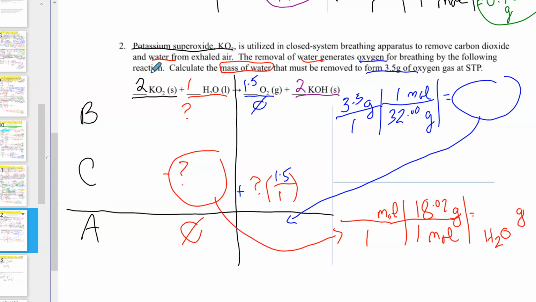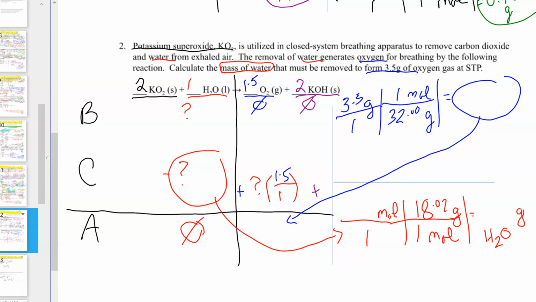Okay, so let's see what we actually know from the problem. Before the reaction starts, I don't have any products, I'm producing them. I'm going to exactly use up that amount of water that they want. They want the exact mass of water needed to remove 3.5 grams of oxygen. So I'm trying to figure out what this number is right here. They gave me grams, I need to go to moles.